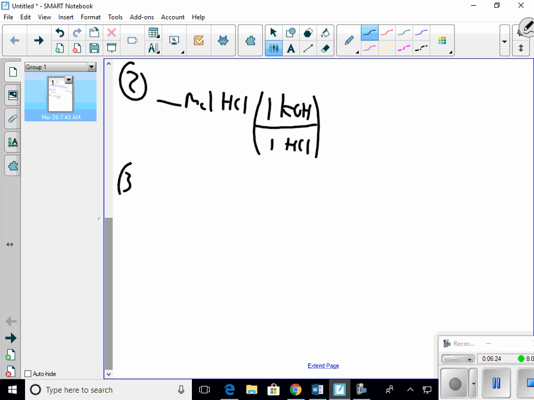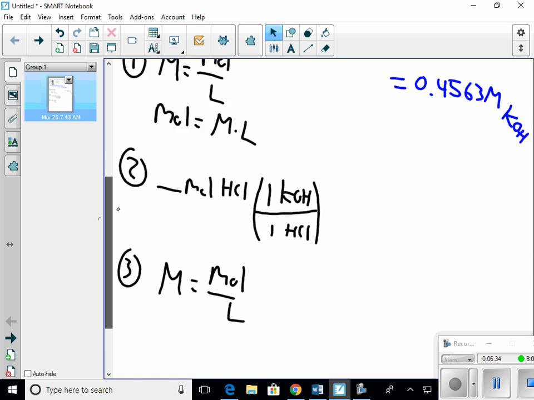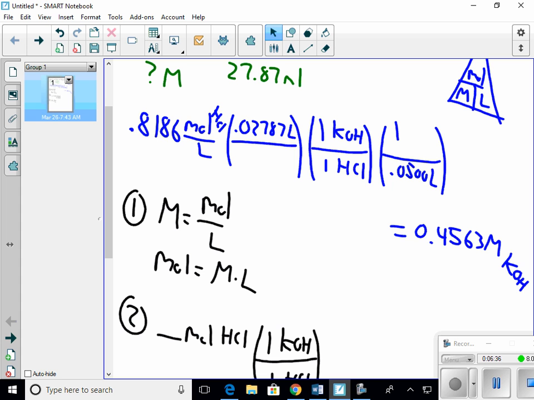Then from there, you could solve for molarity by doing moles divided by liters. So you could do it as 3 individual steps if you are not comfortable with setting it up this way. It's your choice of which one you prefer.